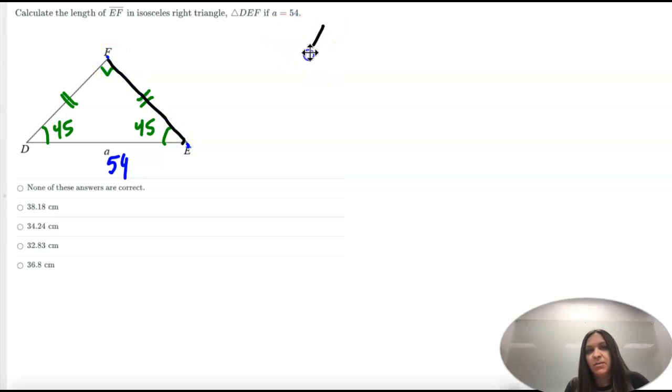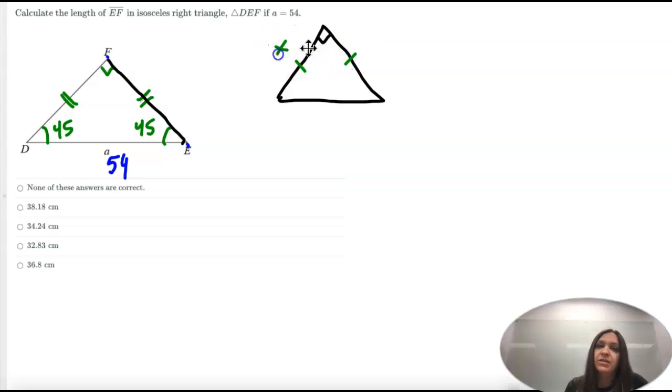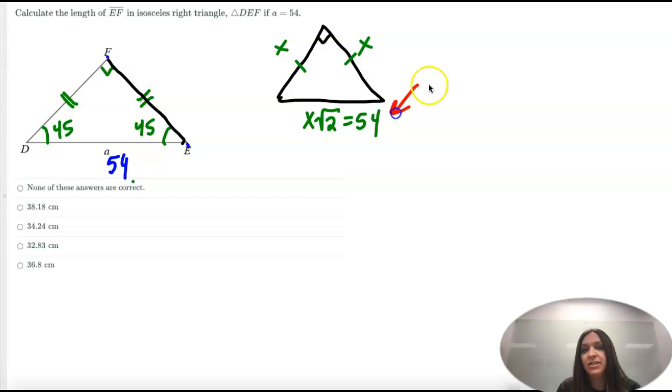Okay, so let's think about our triangle here. Here's our right triangle. These sides are the same. Let's call them x. And then we would take x times the square root of 2. And whatever that is, that's how we'd get the 54. So what I did is I made an equation.